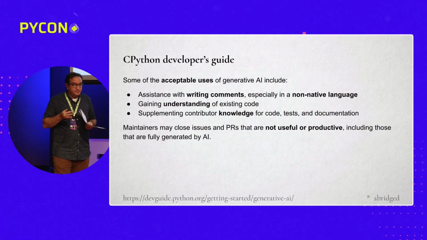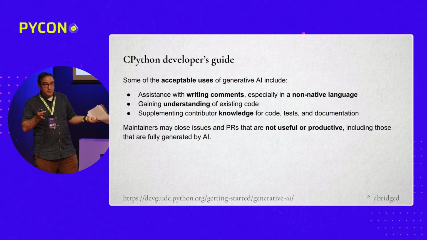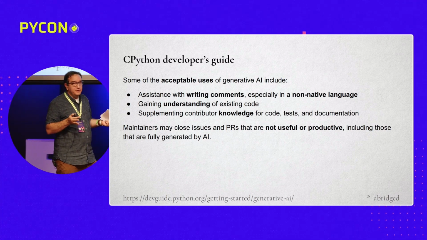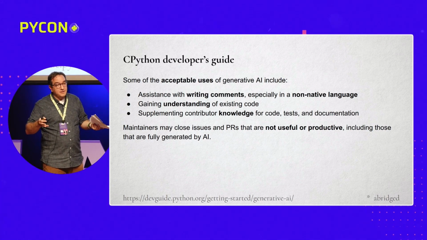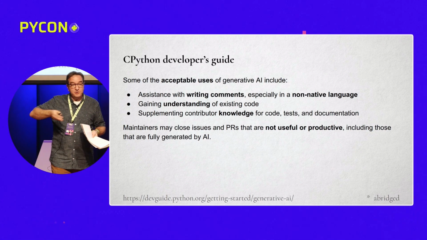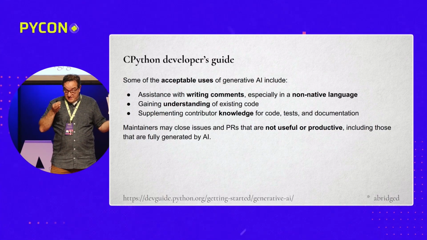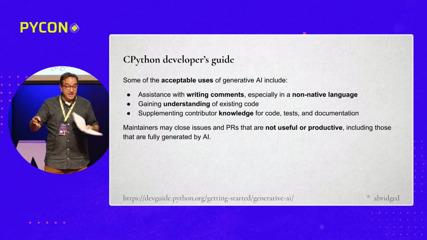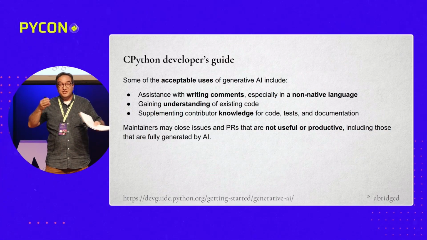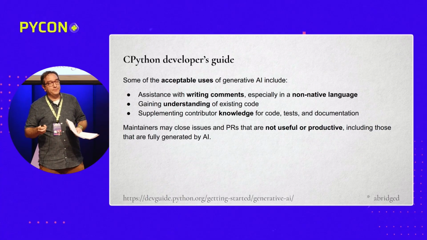So this is the CPython developer's guide. They say these acceptable uses of generative AI include assisting writing comments, especially in a non-native language, so that's the machine translation thing. It's acceptable to use it to gain understanding of code, contributor knowledge. These are learning tasks, right?